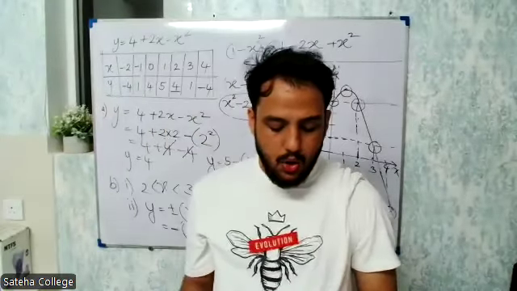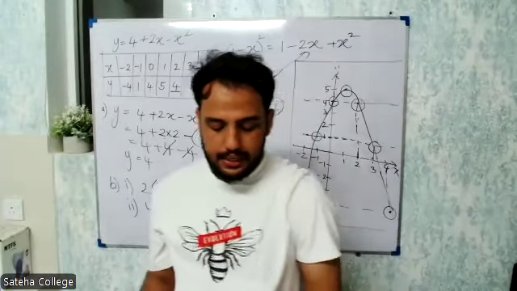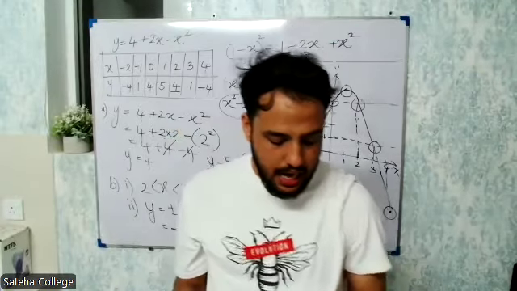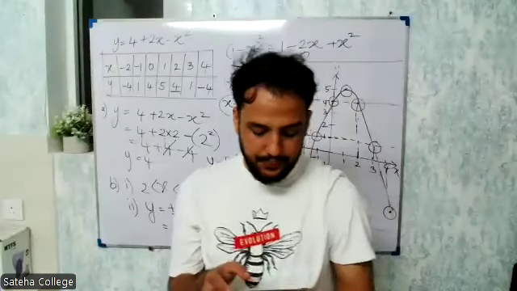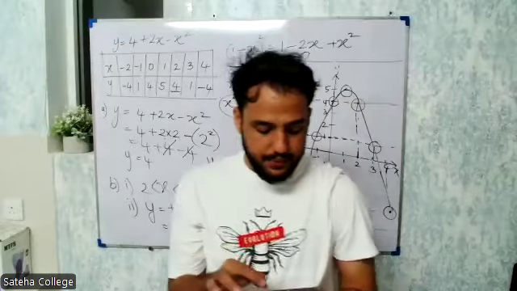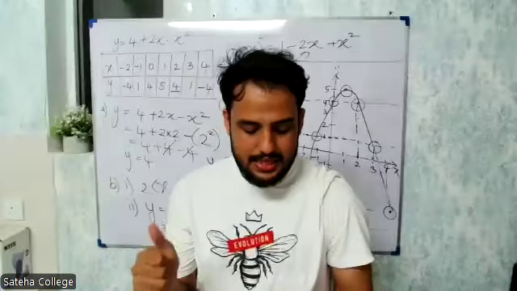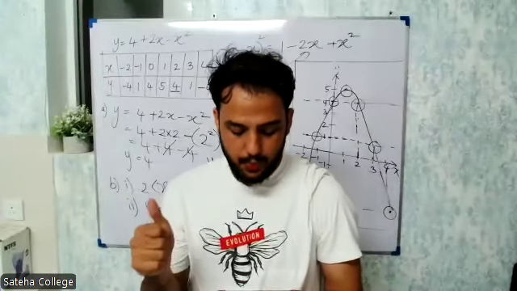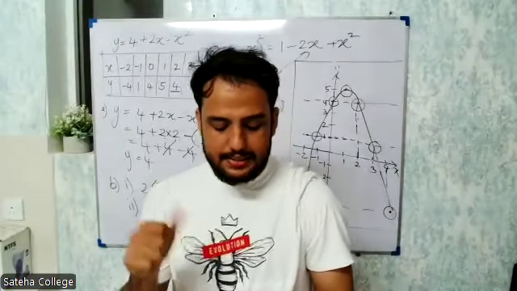Roman number 1: write the coordinates of point A and the coordinates of the point at which the graph intersects the y-axis, respectively.